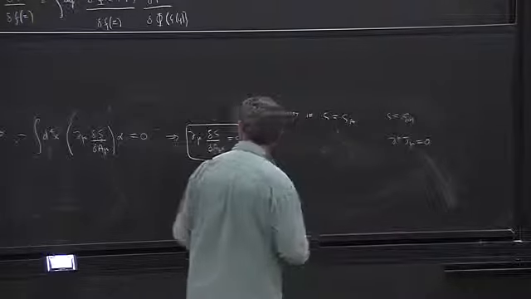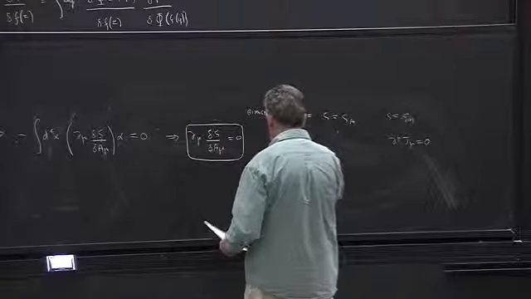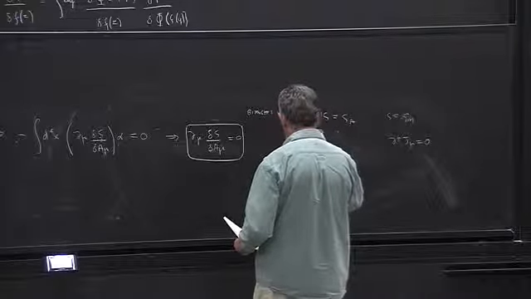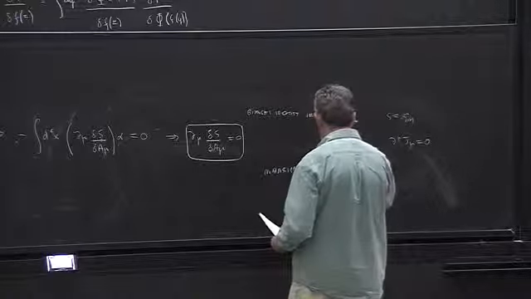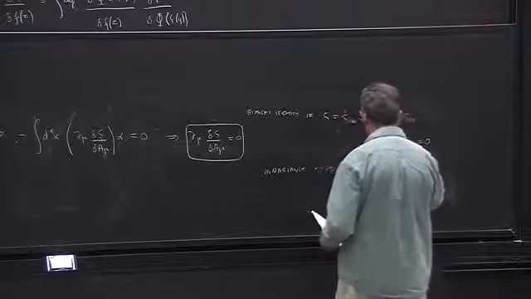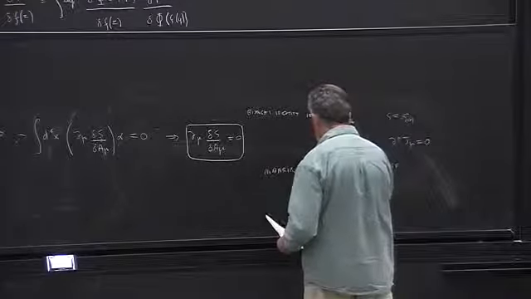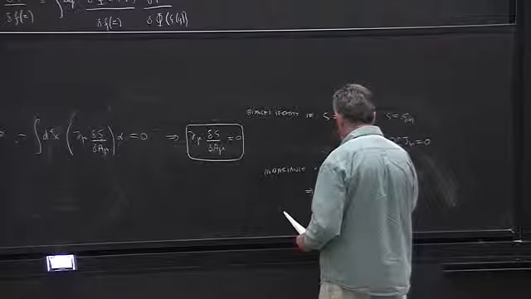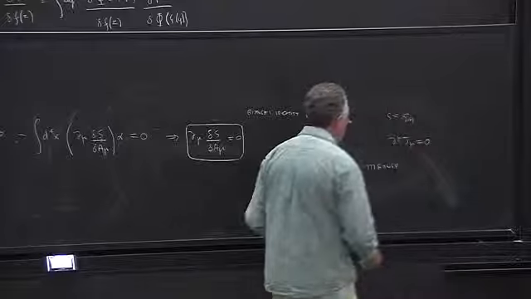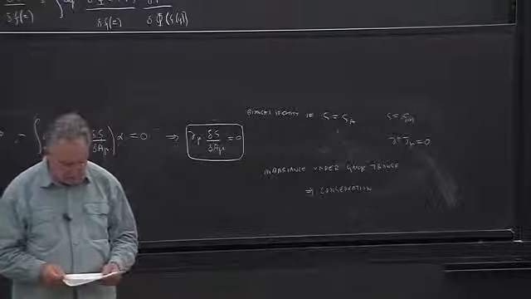So, invariance of the action under gauge transformations implies conservation. The current has to be conserved as a consequence of the gauge invariance.